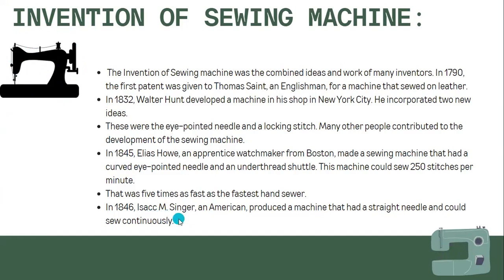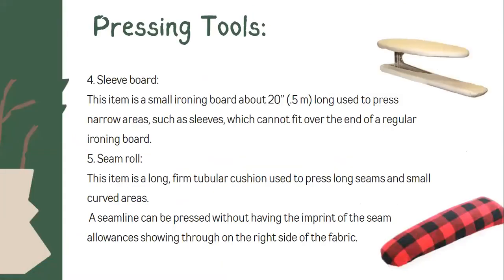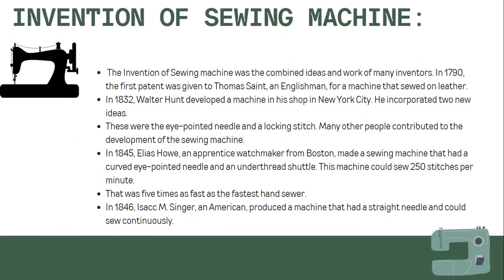Singer is a very important name in the fashion industry, because you have seen Singer machines, right? He produced a machine that had a straight needle and could sew continuously. Even now Singer machines are common in our country.